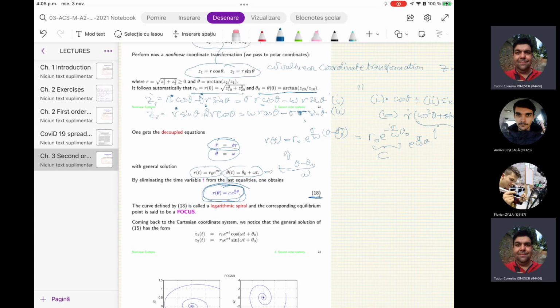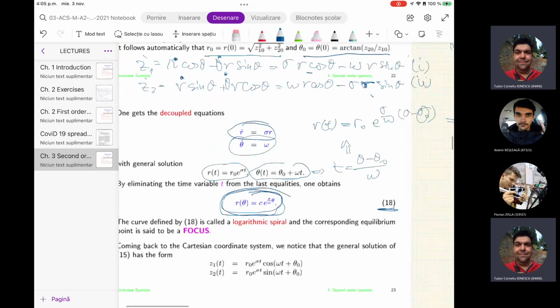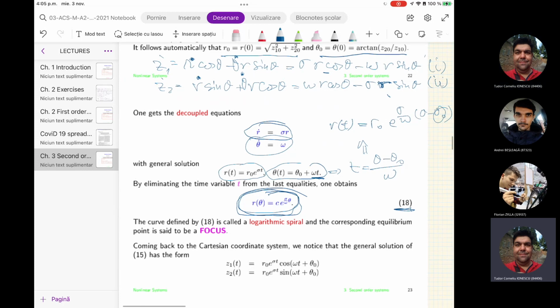Again, keep in mind that theta is a linear function of the time with the slope omega. So the curve defined by 18 is called the logarithmic spiral, and the corresponding equilibrium is called a focus. Why?